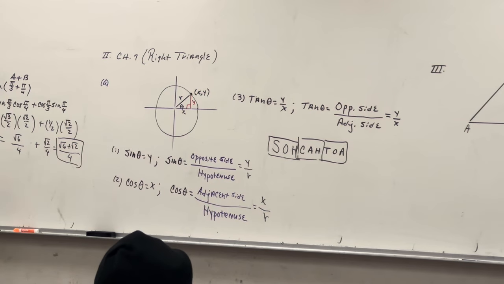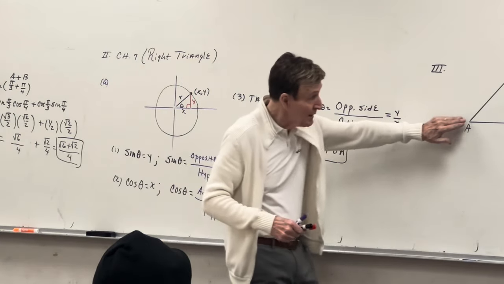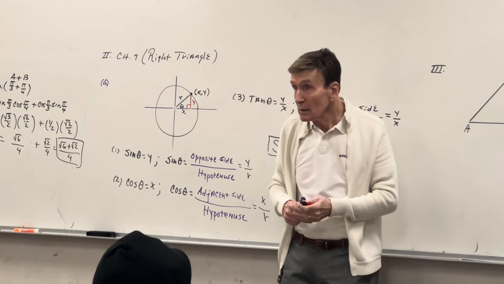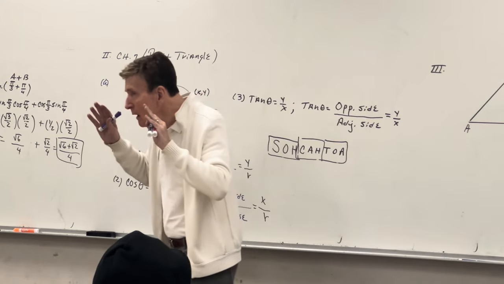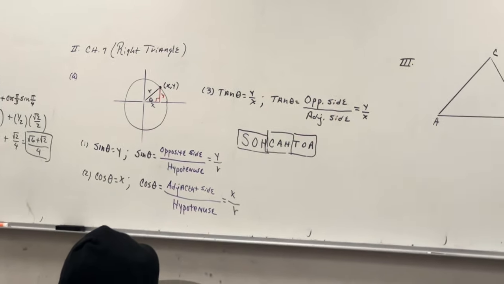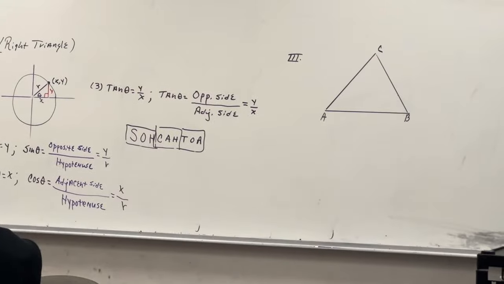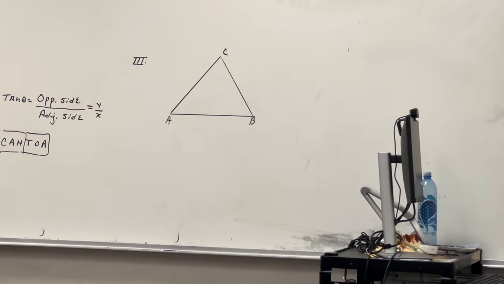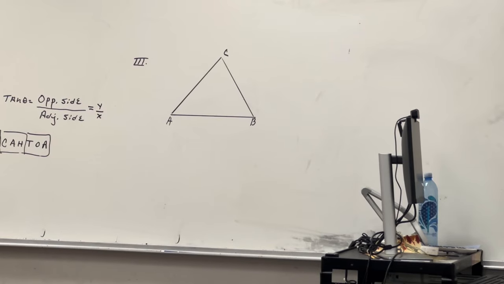Does anyone recall how they label the sides of the triangle? I have the angles: this is angle A, this is angle B, this is angle C. There's a special way they label the sides if it's not a right triangle. They label the sides with lowercase letters, opposite the capital letter.